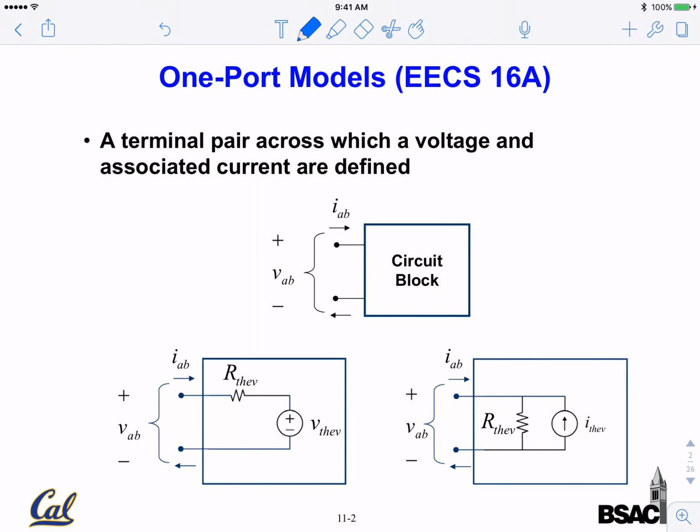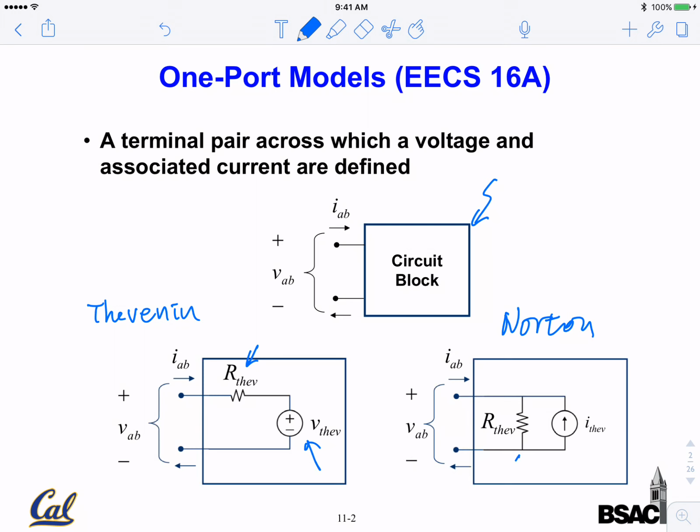Before we start, let's review what you learned in 16A, the one-port model. If we have a circuit, we can replace it with either a Thevenin equivalent circuit or a Norton equivalent circuit. Thevenin is represented by an equivalent resistance and voltage source.